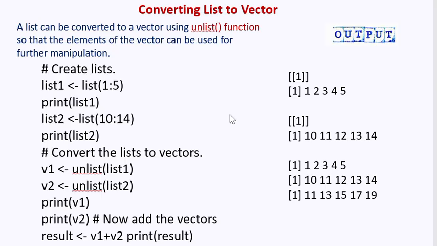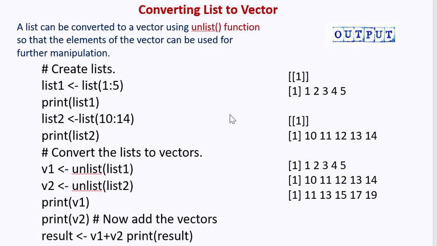We have two lists here, list 1 and list 2, where list 1 contains 5 values, starting from 1 to 5. This way, we are mentioning the set of data to be created inside the list in the form of a sequence.